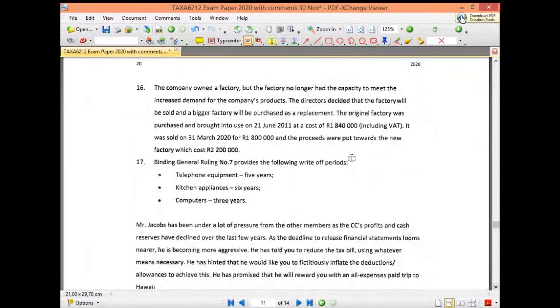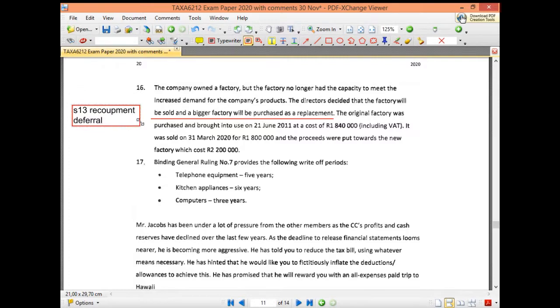Okay, then the company owned a factory. The factory no longer meets the capacity of the increased demand, so we decided to sell the factory and buy a bigger factory or we purchase as a replacement. The fact that they tell you they are replacing it with a bigger one, this is where your section 13 recruitment referral comes in.